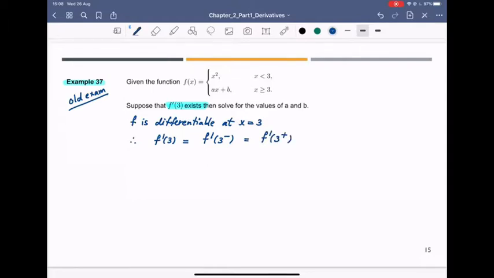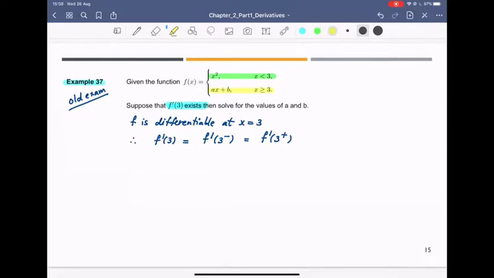The reason I mention the left-hand and right-hand derivatives is because when I look at my function, I see that when x is less than 3, I use the function that I labeled in green, and when x is greater than 3, I use the function that I labeled in yellow.